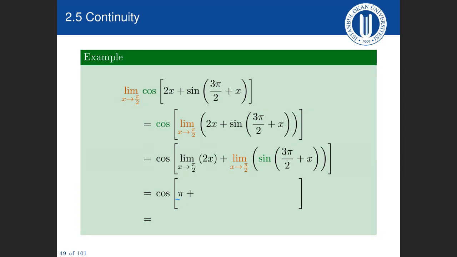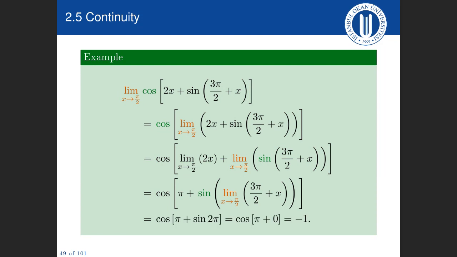That's easy. That's just pi. And then we have limit of sine of 3 pi over 2 plus x. Sine is a continuous function. Anytime we have limit of a continuous function, we can swap them around. Instead of limit of sine, we could have sine of the limit. And then after we've done that, this is an easy limit to finish.